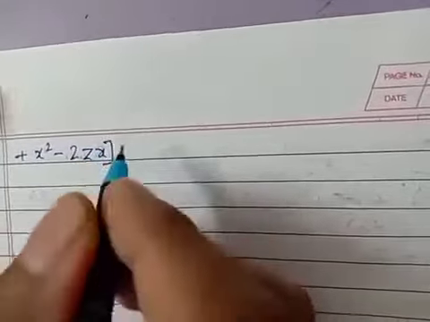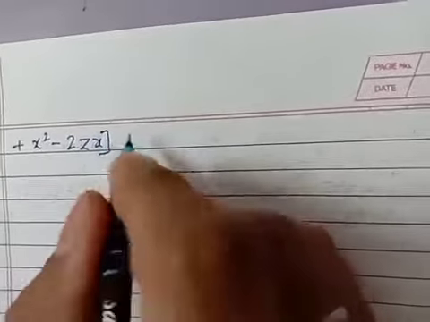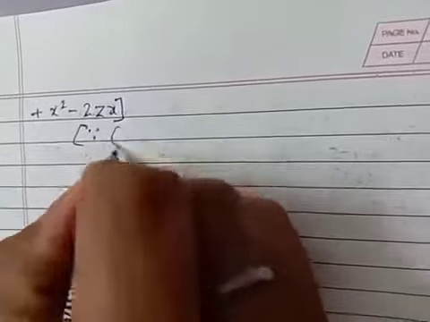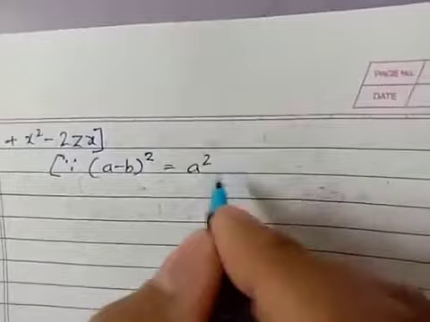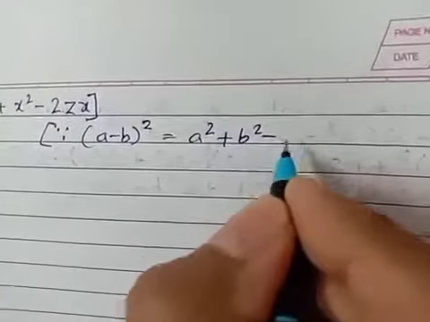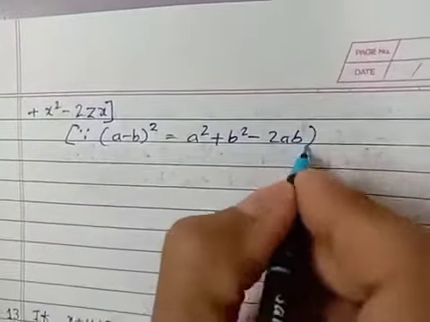Square bracket complete. This is because (a minus b) the whole square equal to a square plus b square minus 2ab.